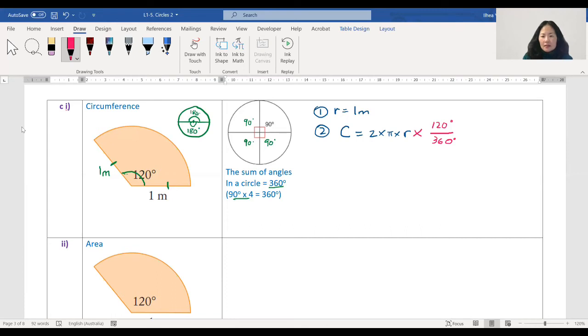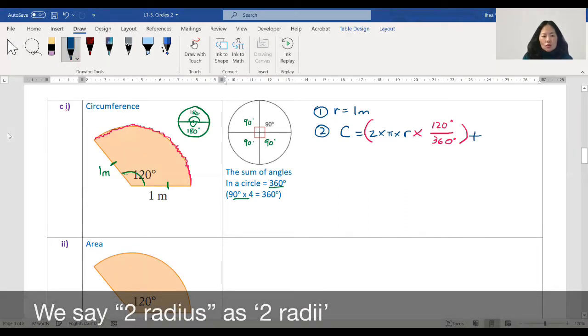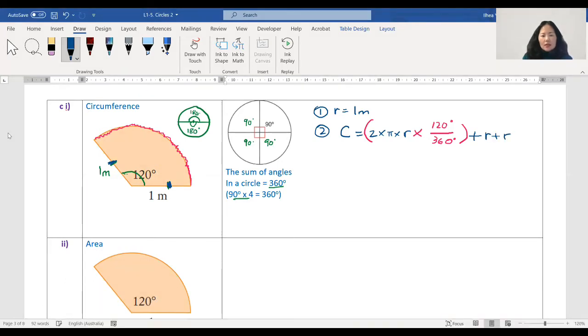Now that is going to be the curved part. You see that this curve is only going to give me the length of this curved part. So what I have to do now is add the radius here. So it's going to be r plus r, so that it'll be a closed-up shape, and we can get the circumference all around this shape.